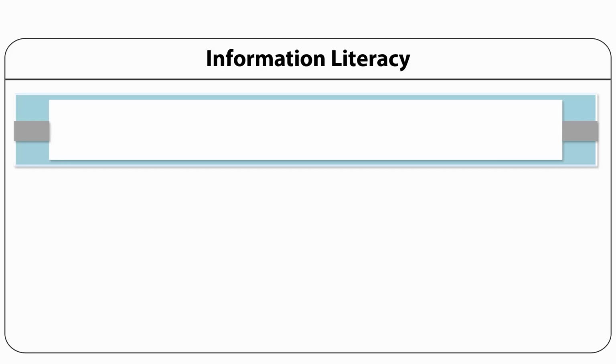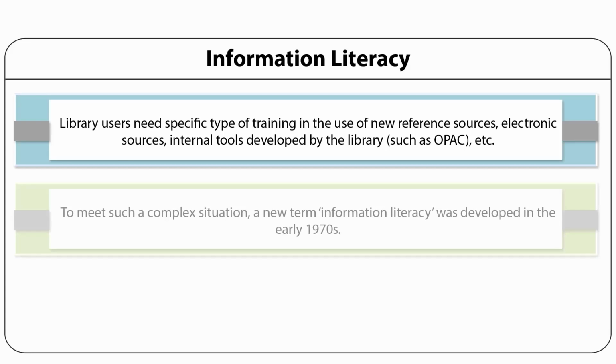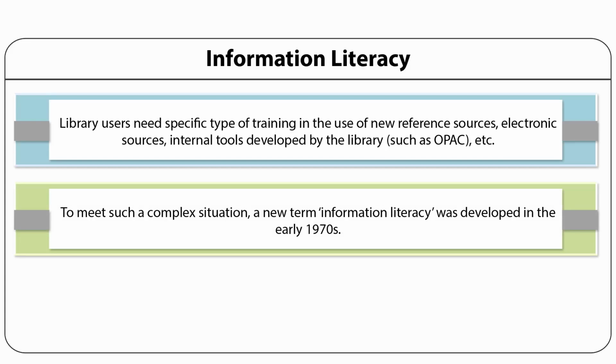From this user education, which has become quite important in libraries all over the world, including India, the librarians are now moving towards what is called information literacy. It is realized that library users need specific training in the use of new reference sources, particularly electronic sources, and the internal tools developed by the library, such as the online public access catalog, etc. To meet such a complex situation, this new term, information literacy, was developed in the early 70s.